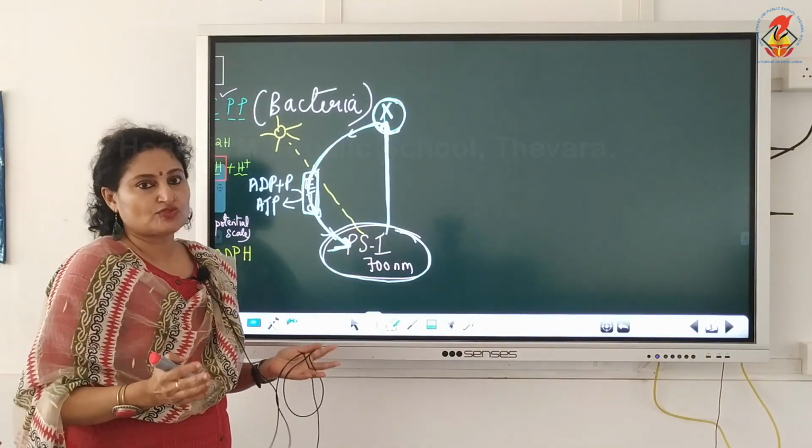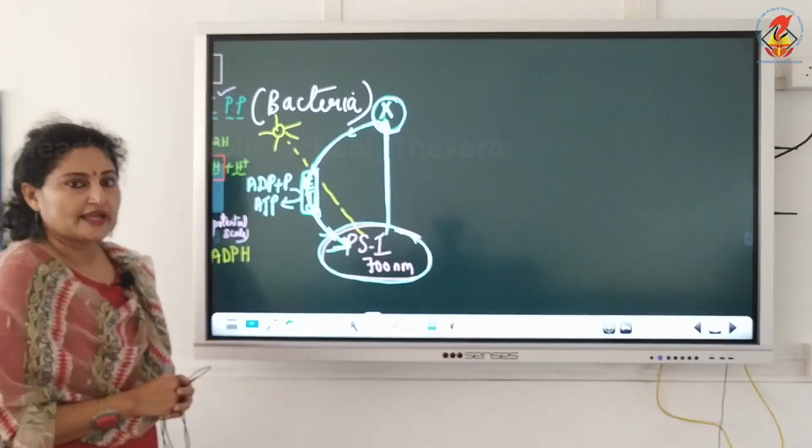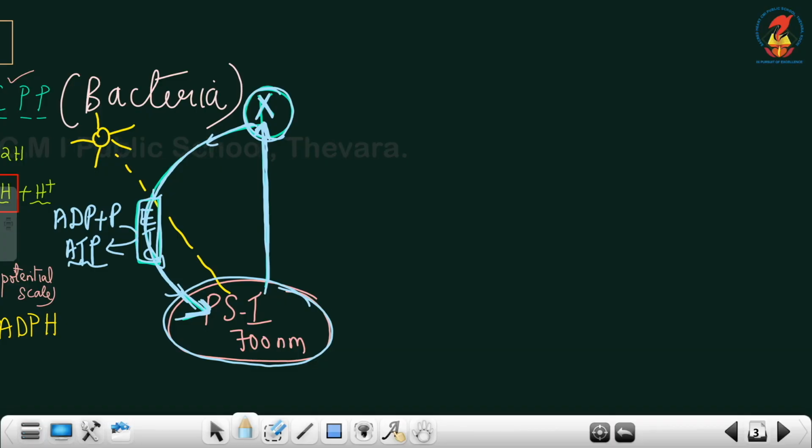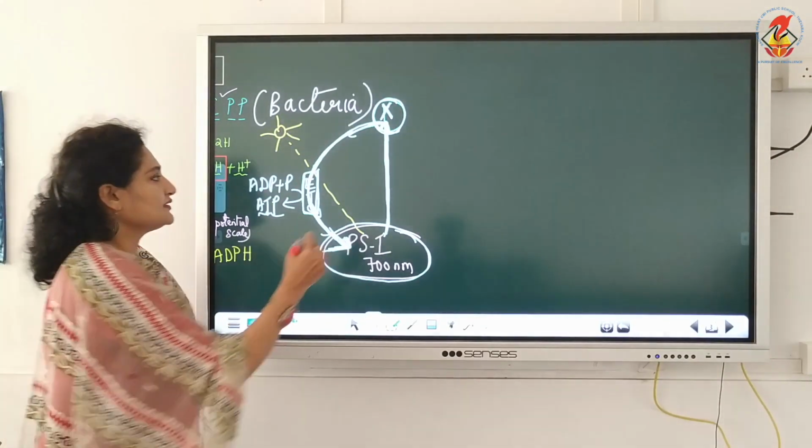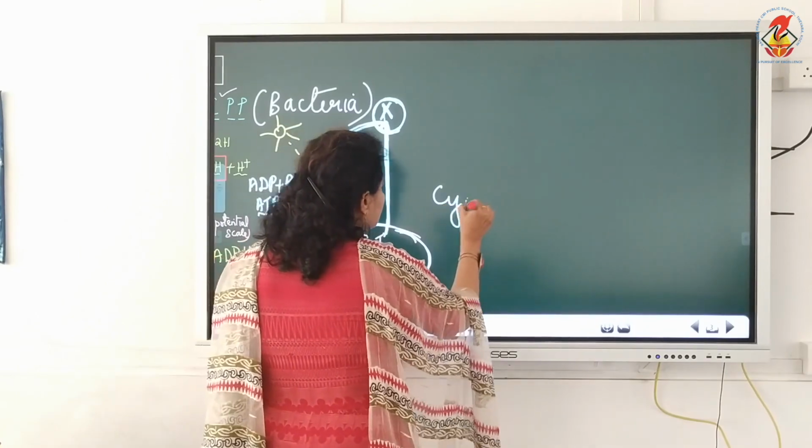We know by now what is phosphorylation. Phosphate added to ADP, we get ATP, and it is returned back to the system. So, it starts from the system and returns to the system. So, see the pathway of the electron. The pathway of the electron is cyclic.